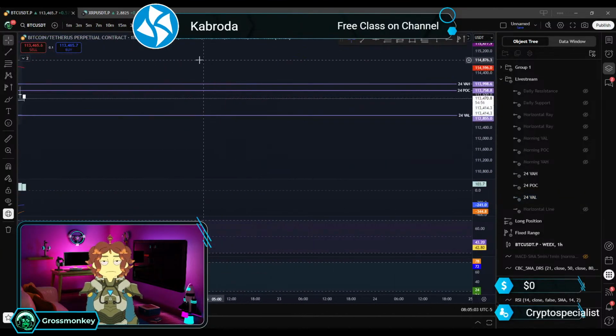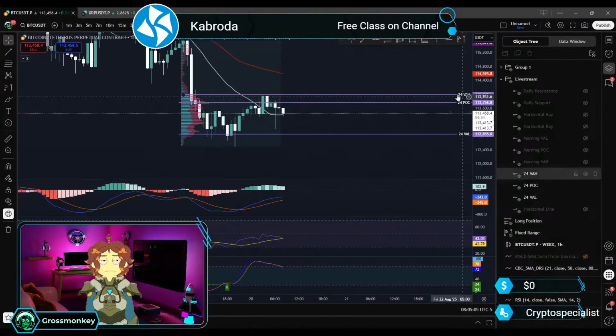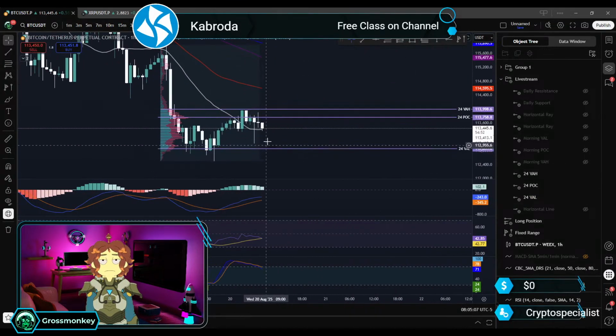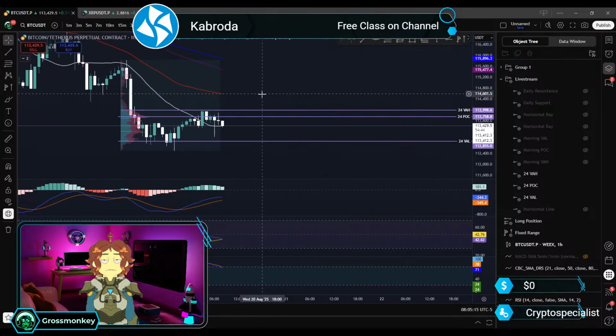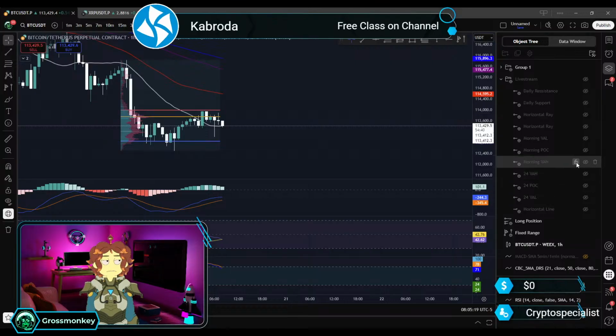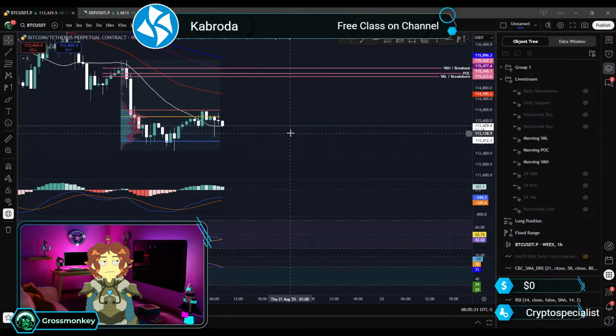Sweet, so we got our lines all on there now. So we got our volume area high, our point of control, and then we got our volume area low. So now after we got those, I'm going to go ahead and close the 24-hour ones down and get out the morning ones.